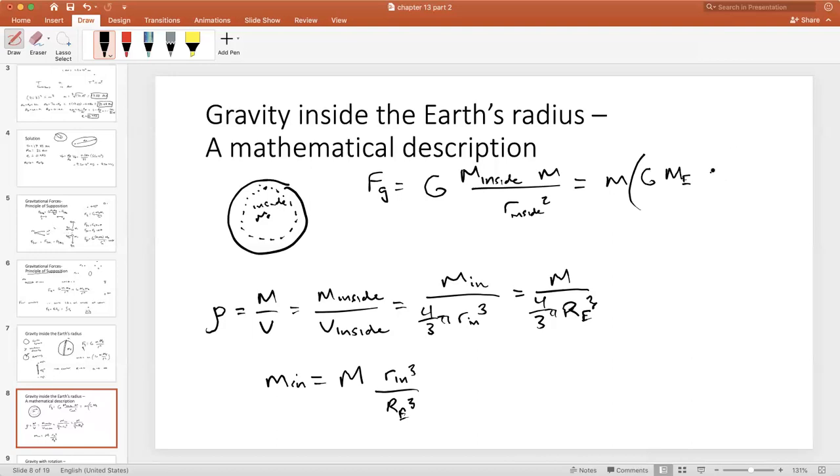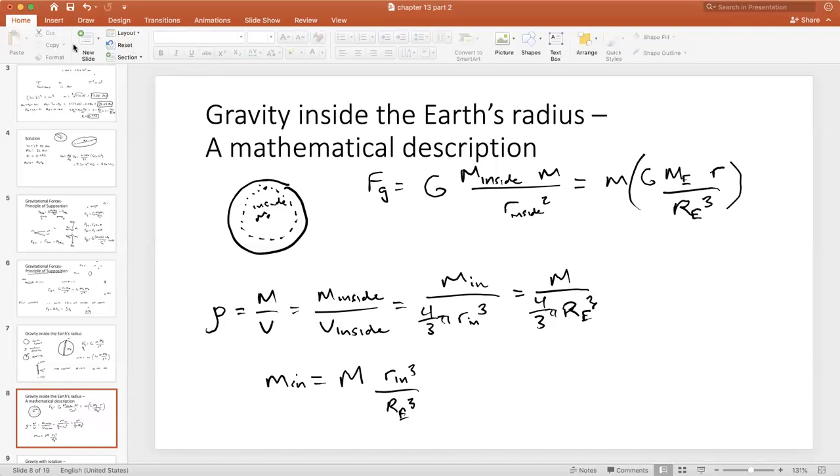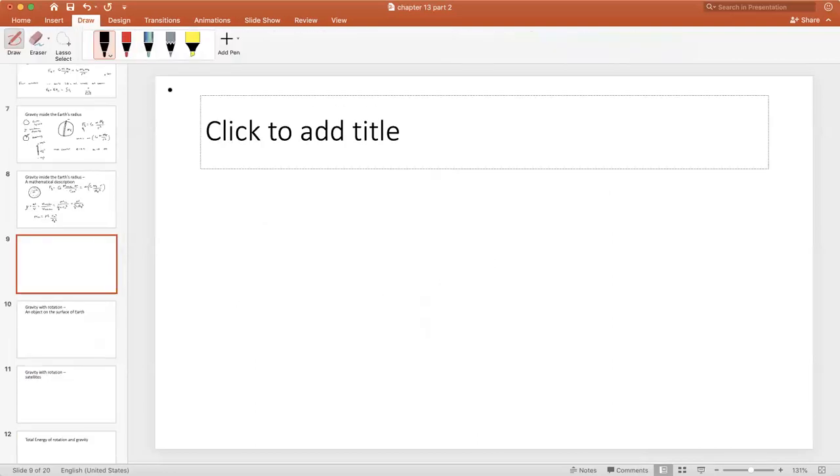Now r, I'm just going to put little r for that. This is r cubed over r squared, so it's just r over the radius of the Earth cubed. So that ends up being that our force of gravity inside is m, whatever mass we care about, G times mass of the Earth times r over the radius of the Earth cubed.